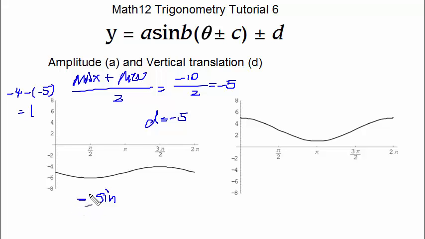Just focus on the amplitude and the vertical translation part. Amplitude is 1, so just add 1 here, and then sine x, with -5. So y equals negative sine x minus 5. That is the equation for this graph.